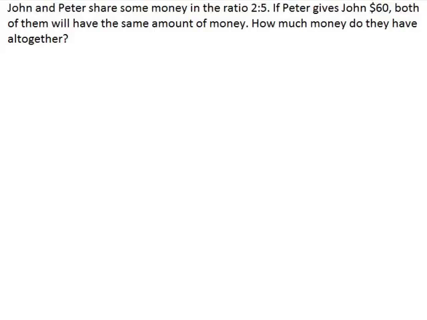We will begin by writing down the ratio of the amount of money that John and Peter have. So here we have the ratio for, at first, the ratio of the amount of money John has to the amount of money Peter has is 2 to 5.